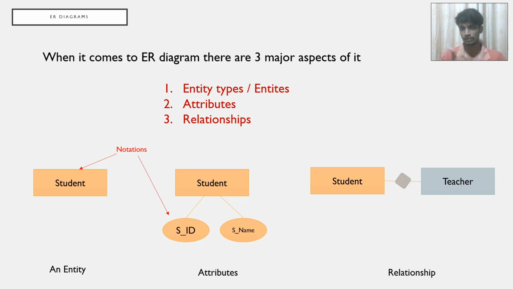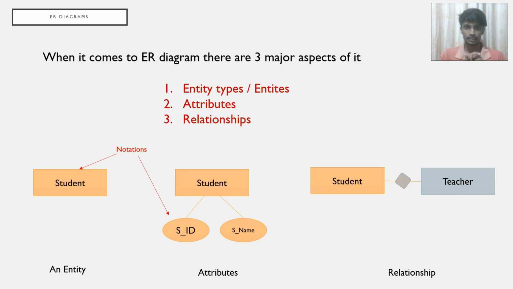First we will cover entity types or entities, then attributes, then relationships, and finally we are going to draw or model ER diagrams using those aspects. So this is the first part.